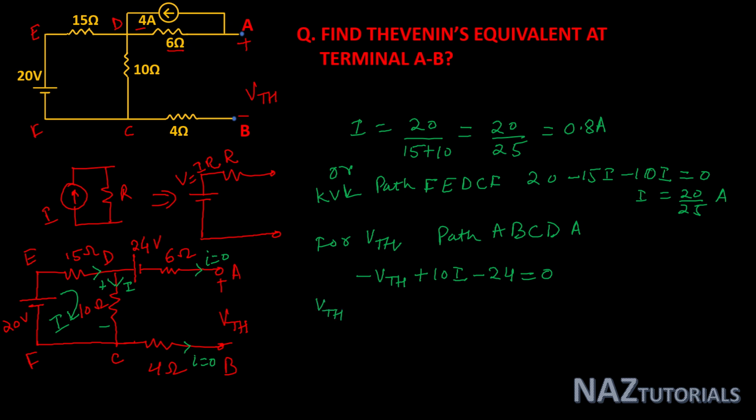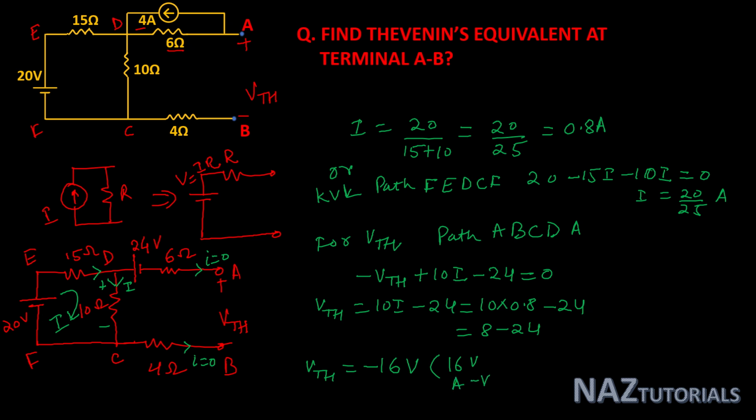Here you can write VTh is equal to 10i minus 24, that is 10 into 0.8 minus 24, or you can say 8 minus 24. Our calculated VTh is minus 16 volts. What does it mean? It means a 16 volt source connected at terminal AB, where A is negative and B is positive. So this is our calculated VTh.